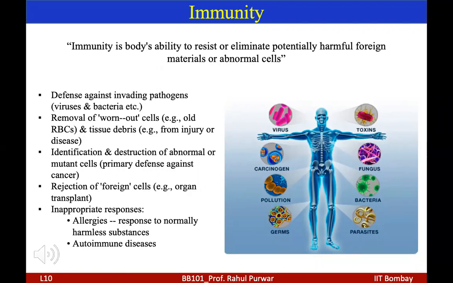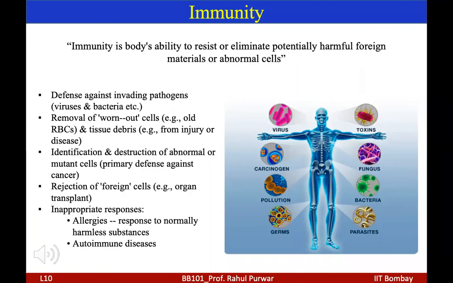Okay, but there's always a but in life, right? The majority of the time, the immune system protects us from outside and foreign material. However, sometimes the immune system can become hyperactivated and make mistakes.